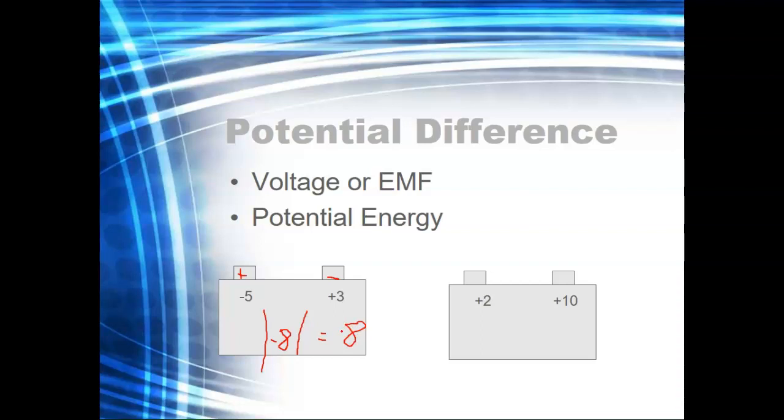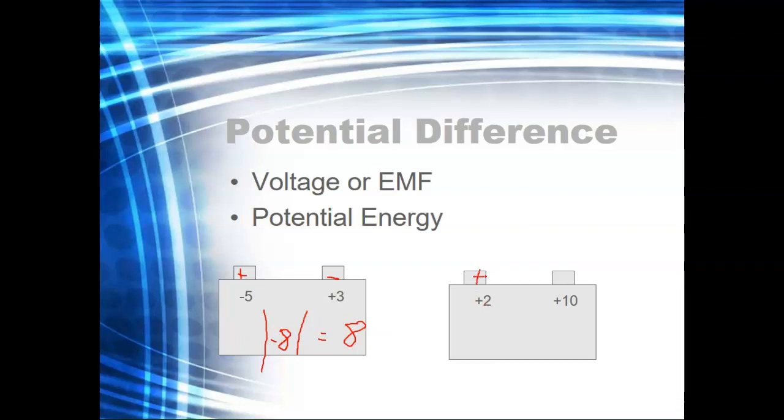Okay? Does that make sense? So in this case, -5 minus 3, you end up with -8, absolute value is 8.